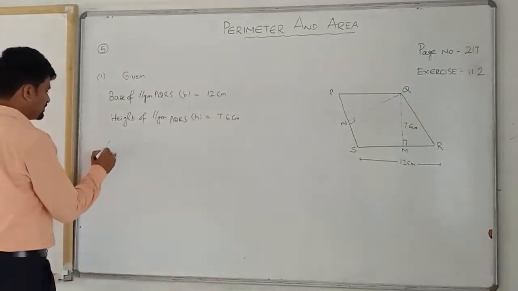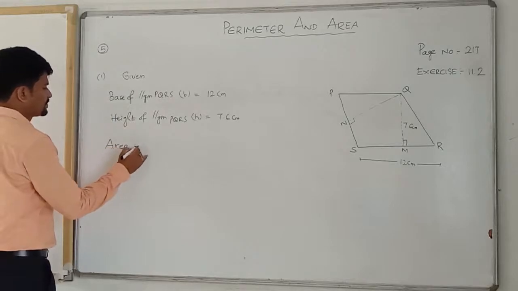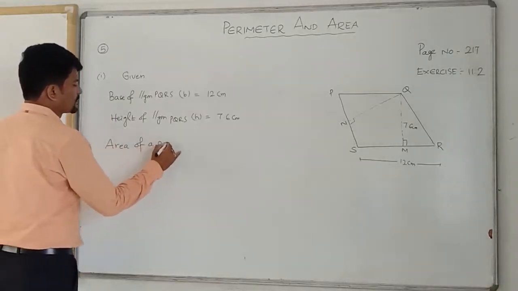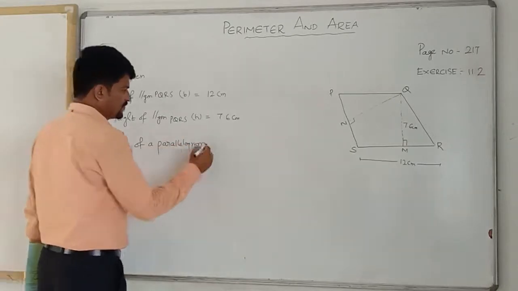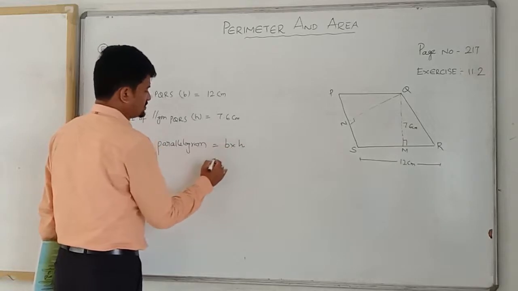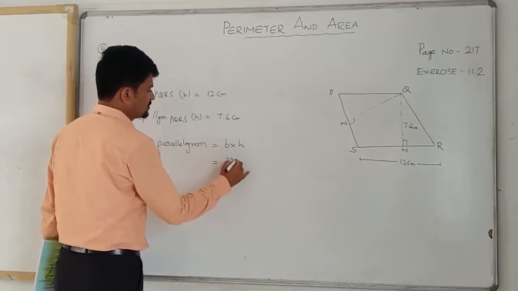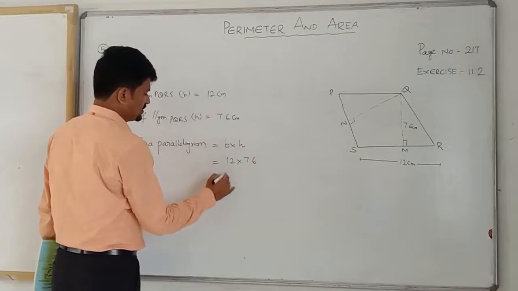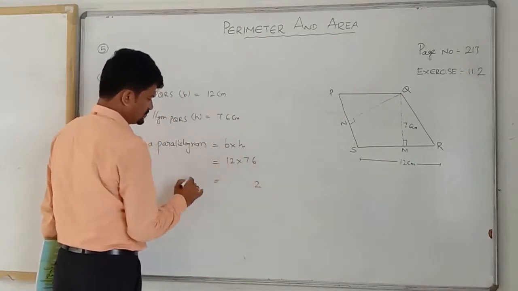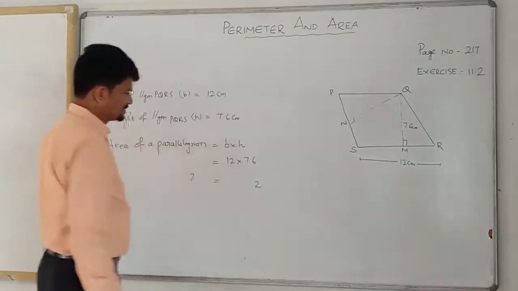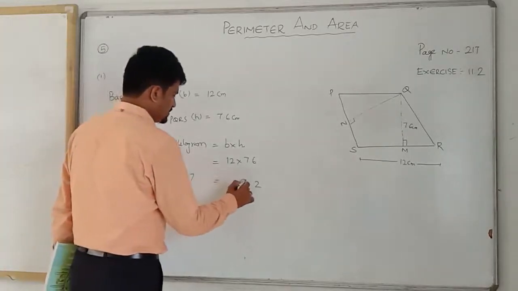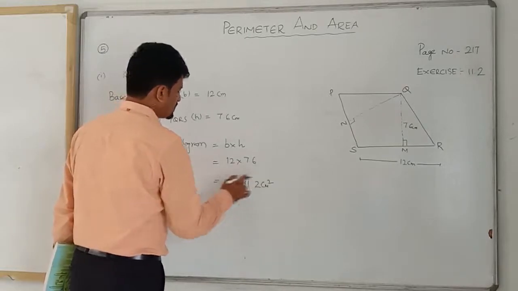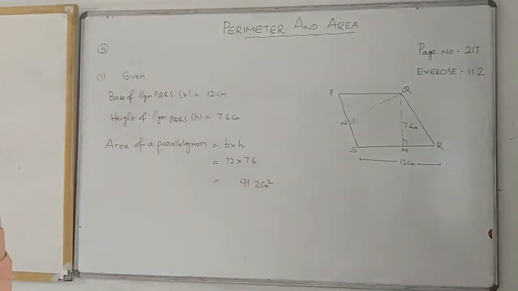Now area of parallelogram formula: base into height, that implies base 12 into 7.6. 12 6s are 72, 12 7s are 84, 84 plus 7, 91.2 centimeters square. This is the area of parallelogram PQRS. That is the first question completed.